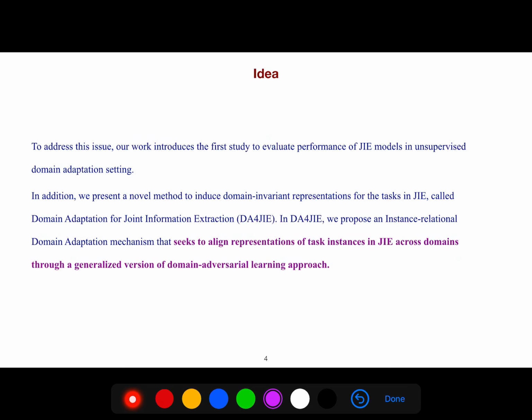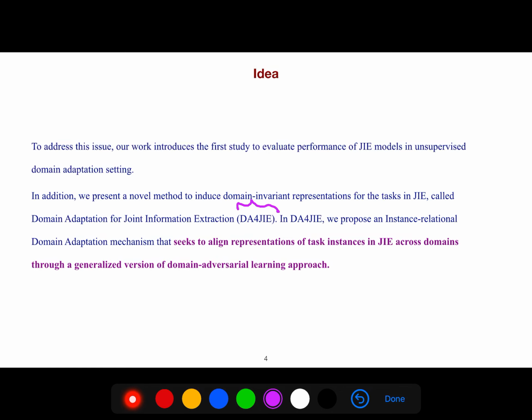To address this issue, our work introduces the first study to evaluate the performance of joint information extraction models in the unsupervised domain adaptation setting. In addition, they present a novel method to induce domain invariant representations for a task in joint information extraction, called domain adaptation for joint information extraction.